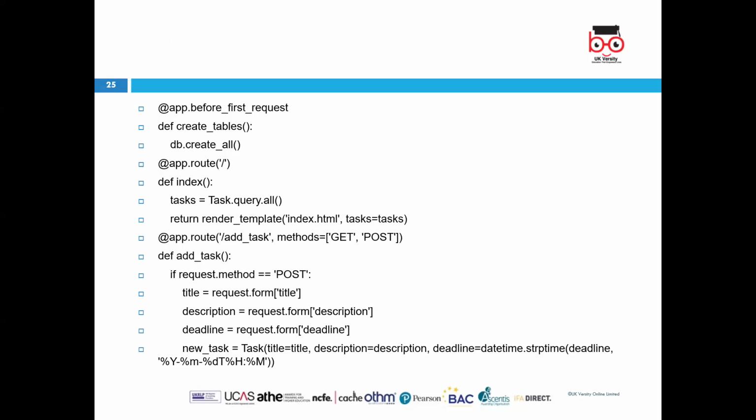So here is how our constructs are going to look, where we're going to create tables, and we have to have the ability to return our render template through our index.html file.